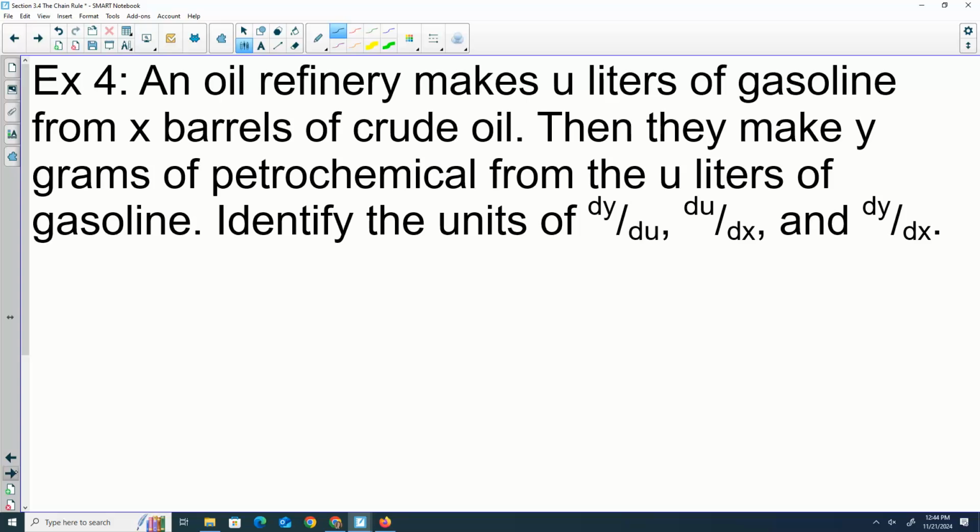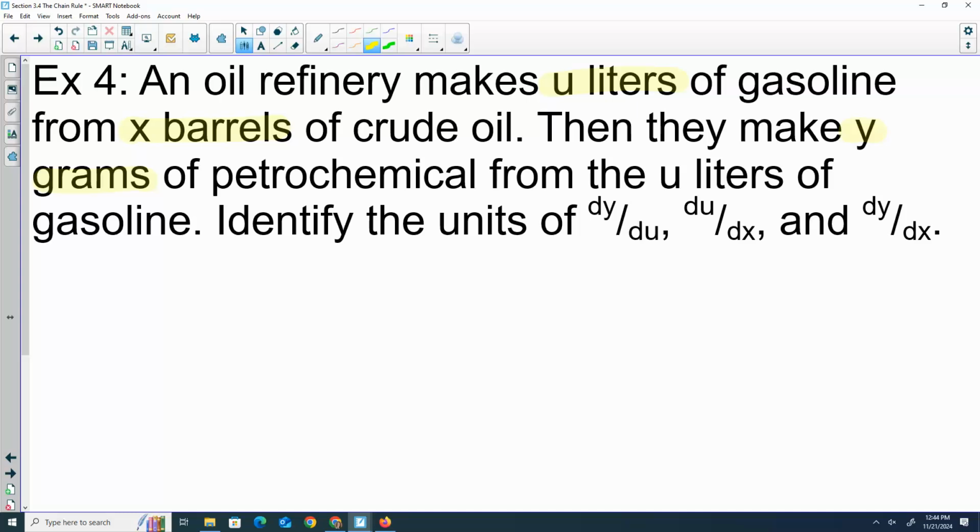So this one says an oil refinery makes U liters of gasoline, so U is the liters, from X barrels of crude oil. Then they make Y grams of petrochemical from the U liters of gasoline.